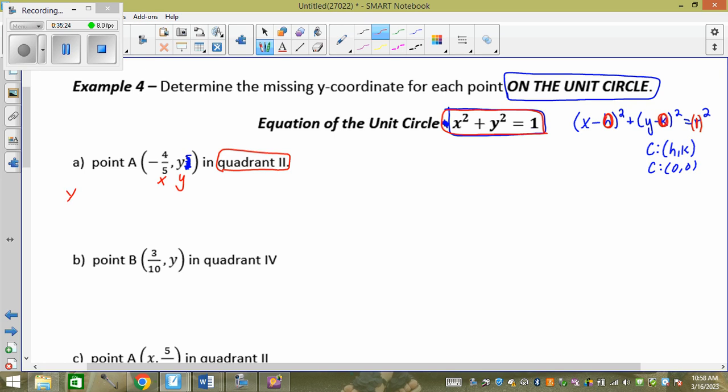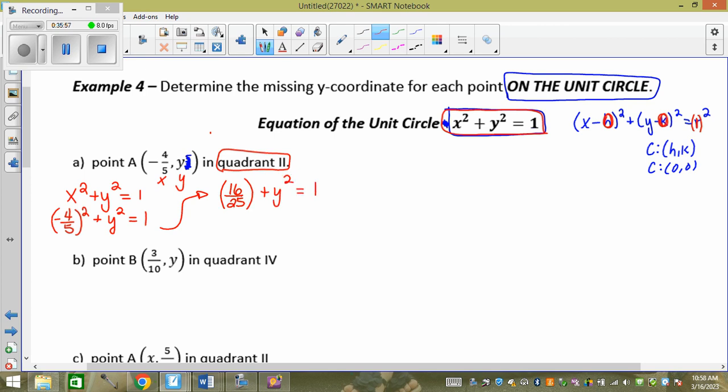So the formula is x squared plus y squared equals 1. I get (negative 4 over 5) squared plus, I don't know what y is, squared equals 1. Then we get 16 over 25 plus y squared equals 1.